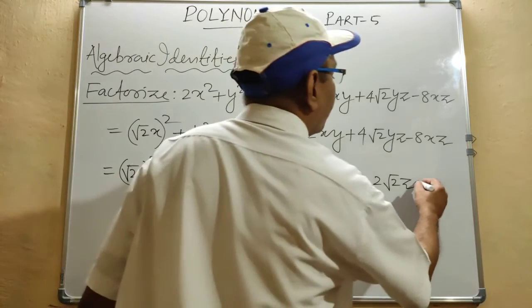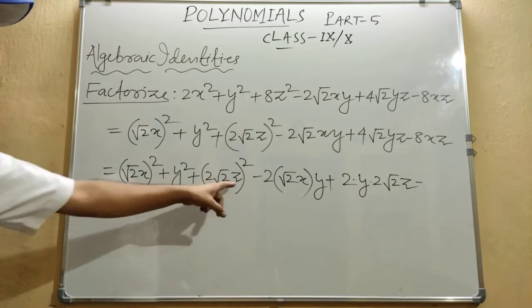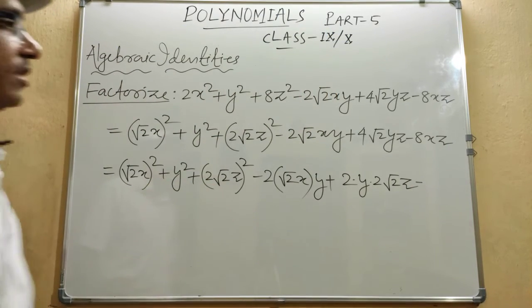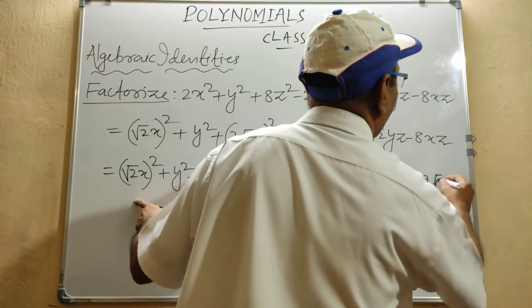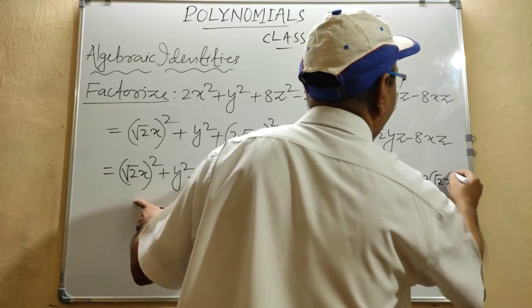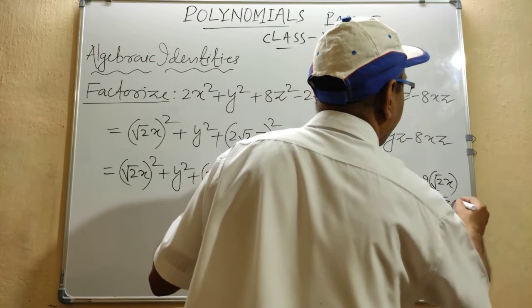And third is 8xz. xz means it will be ac. So see, it is 2ac. a is root 2x. This is your a. And c is 2 root 2 z.